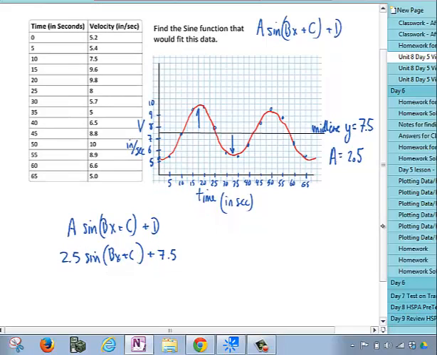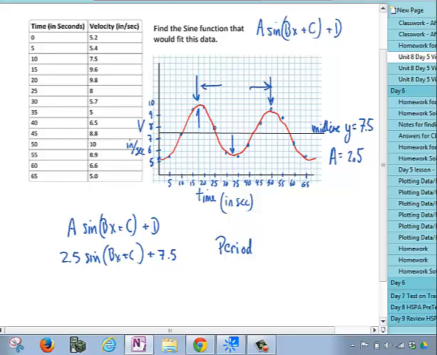As we talked about when we found these functions the other day in class, we need to figure out what the period is. The way we can do that is to figure out from crest to crest how much time goes by.